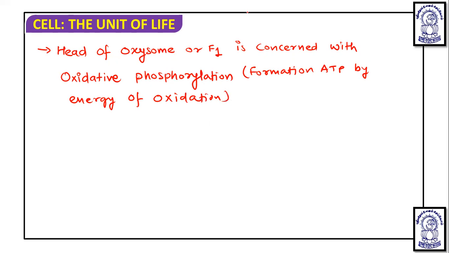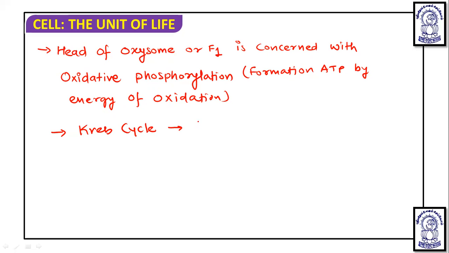This oxidation actually takes place in the ETS, electron transport system, and the energy which is released is used in the synthesis of ATP, so it is known as oxidative phosphorylation. One more cycle of respiration, the Krebs cycle, is also involved in breakdown of glucose during aerobic respiration.